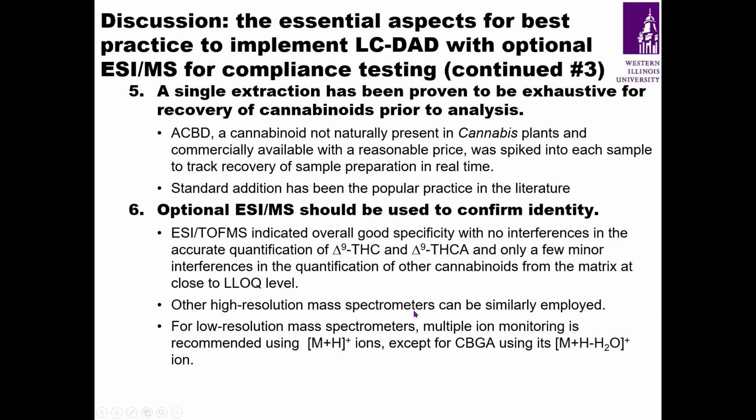Other high-resolution mass spectrometers can be similarly employed. For low-resolution mass spectrometers, we recommend multiple ion monitoring using protonated molecular ions, except for CBGA, using a dehydrated protonated molecular ion.